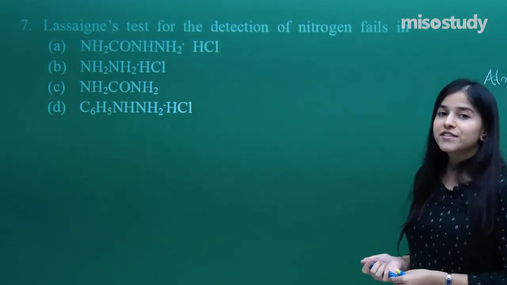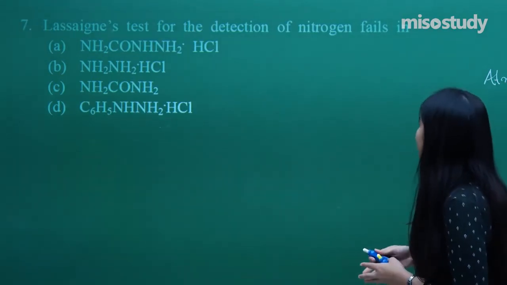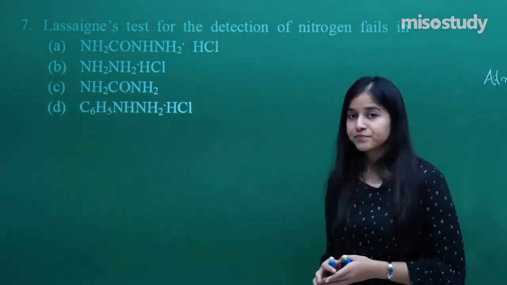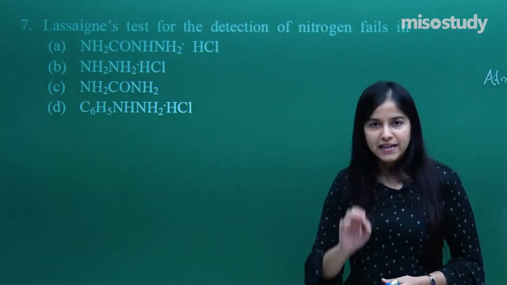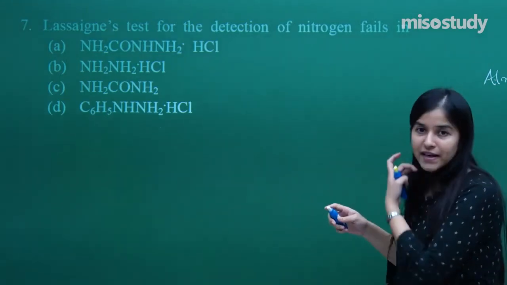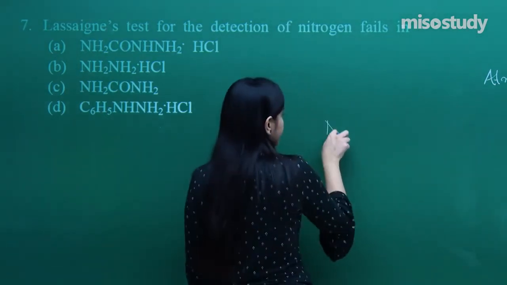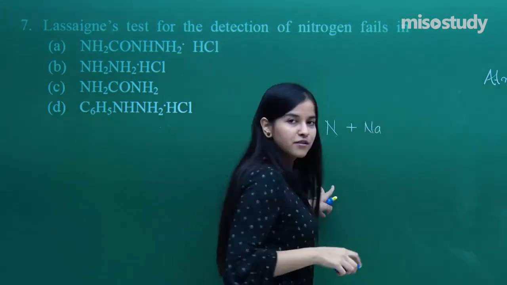Now comes up the question for the Lassaigne's extract. Again, Lassaigne's test for the detection of nitrogen fails in. So you need to just choose one of the options in which the LE test will be failing for nitrogen. So for nitrogen, what is the LE test? The nitrogen that is present in the compound is made to react with sodium, right?